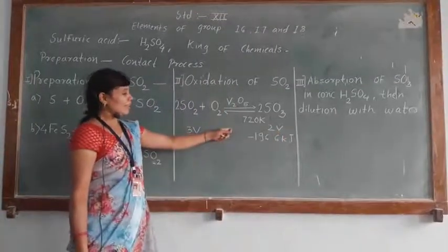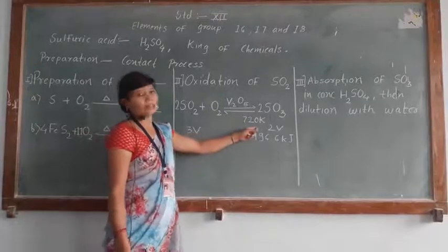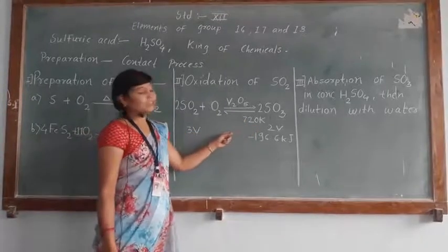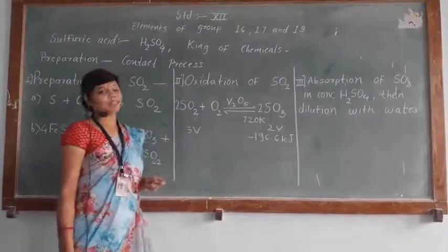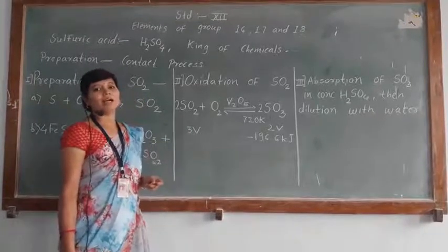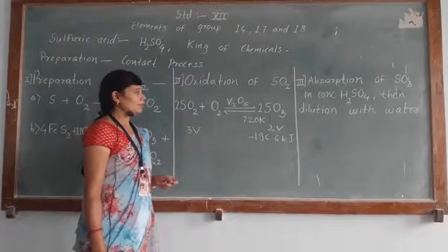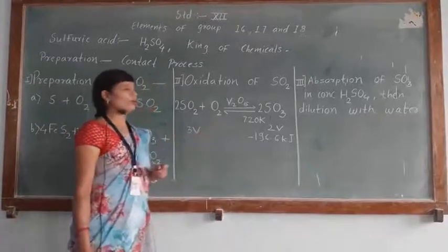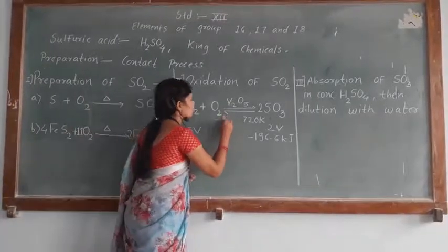Again, this reaction takes place with decrease in volume, and according to Le Chatelier's principle, reactions with decrease in volume are favored at high pressure, and therefore for this reaction the optimum pressure is 2 bar.